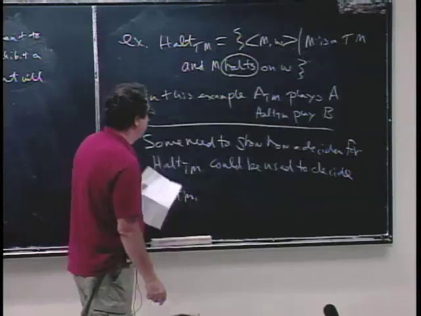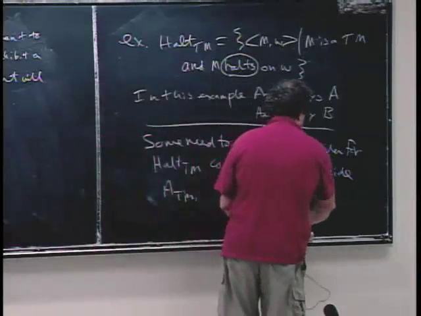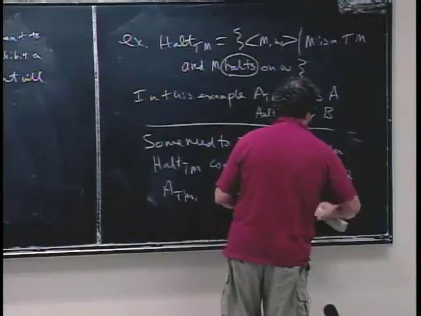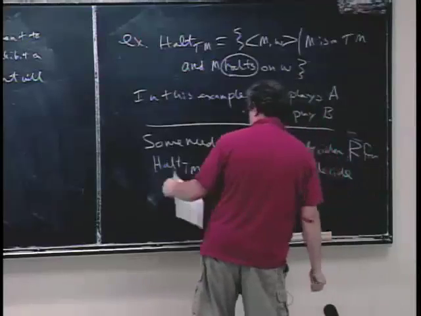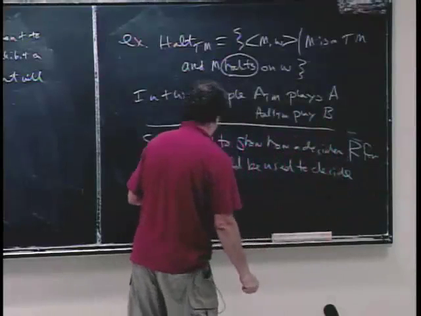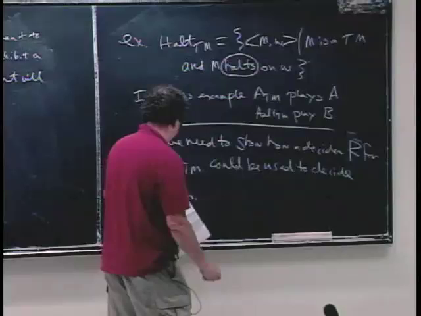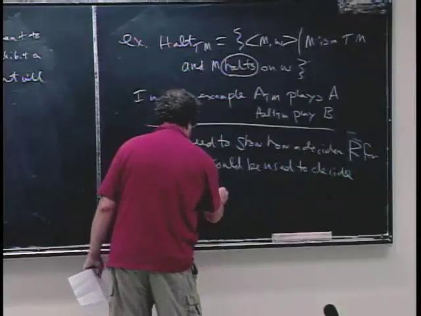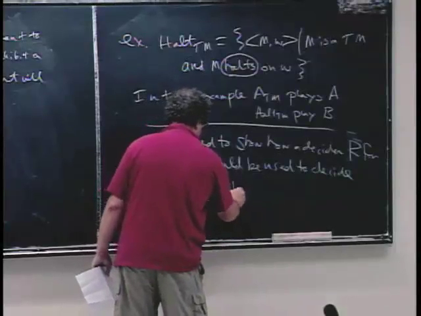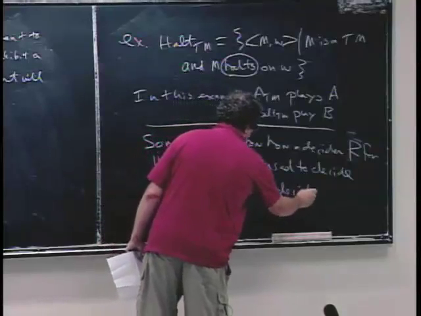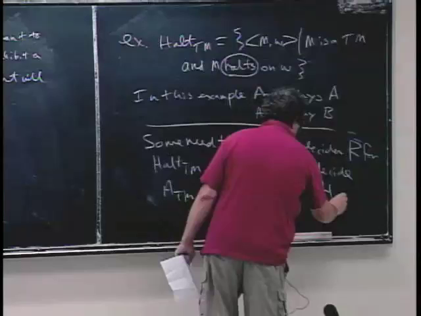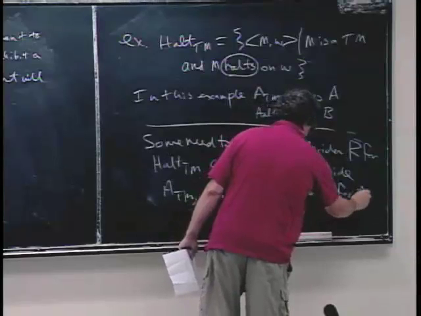A decider R for halt TM could be used to decide ATM, that is, build a decider H for ATM.